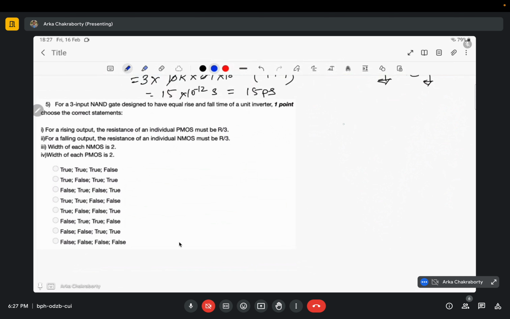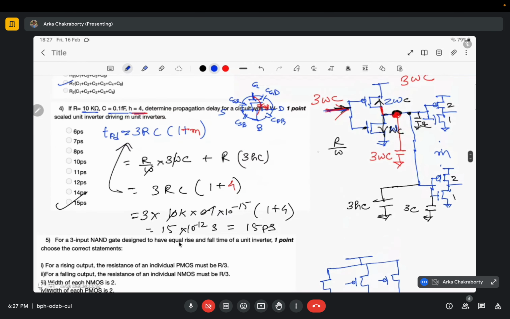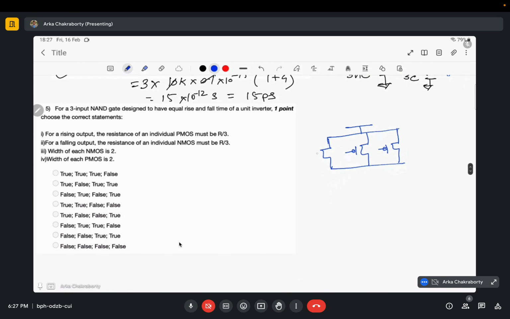So basically it would be 3 PMOSes, VDD. Okay, so this would be my output, these 3 will be my inputs. Let me call the 3 inputs A, B and C.